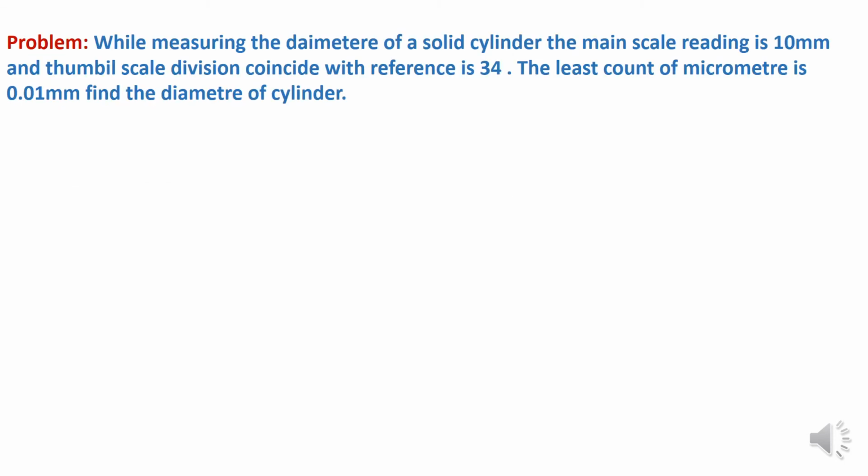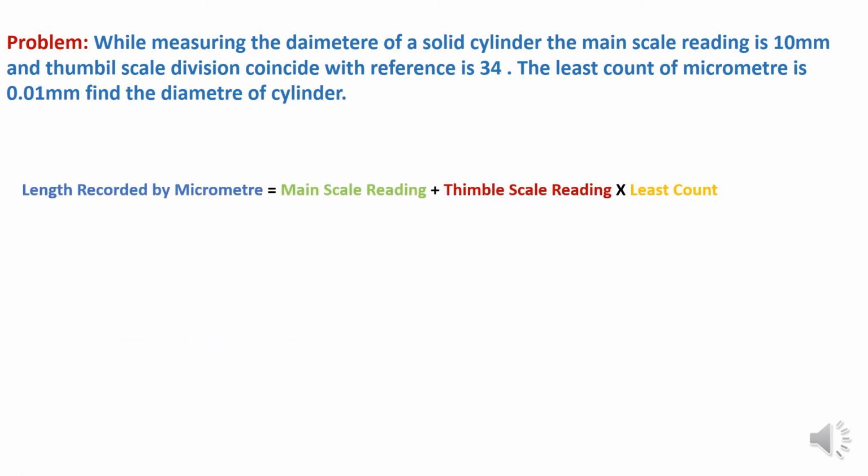Here is one numerical problem. The problem says that while measuring the diameter of a solid cylinder, the main scale reading is 10 mm and the thimble scale division coinciding with the reference is 34, and the least count of the micrometer is 0.01 mm. Find the diameter of the cylinder.